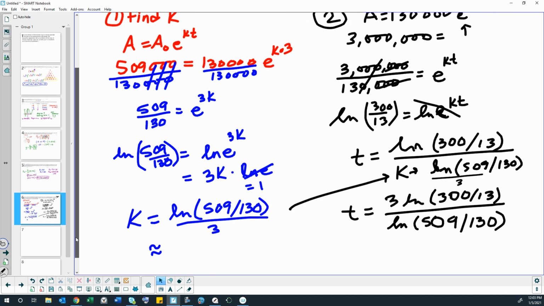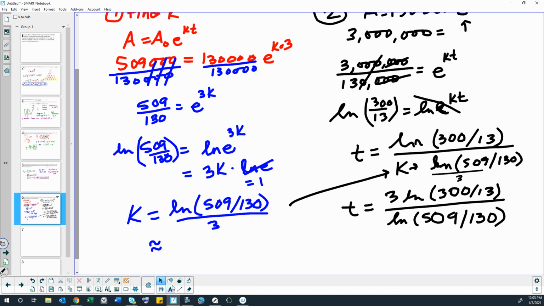Okay. Calculate it. It wouldn't be a bad idea for you guys to practice with whatever calculator you're using. Make sure you know how to use the calculator you'll be using. Okay, so 3 times the natural log of 300 divided by 13.